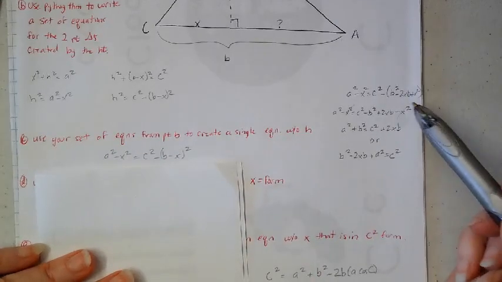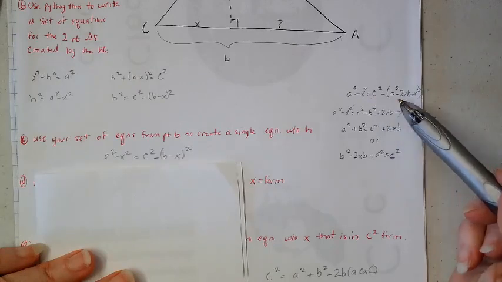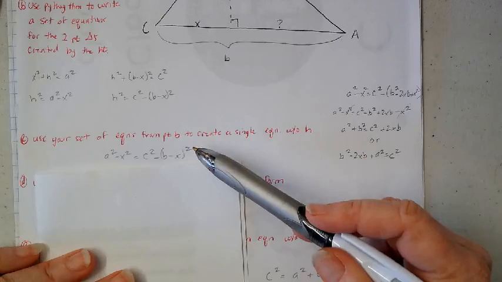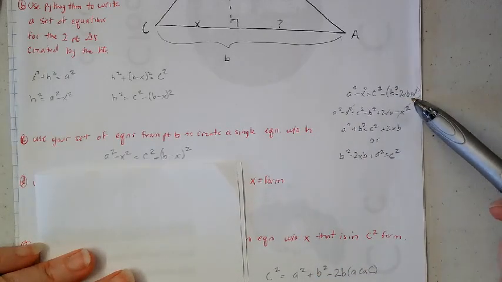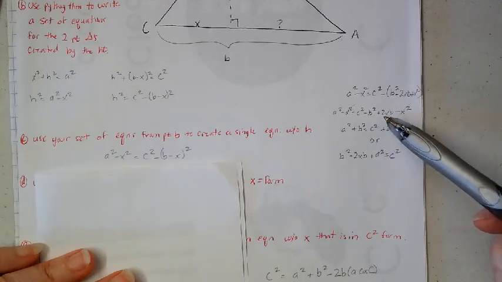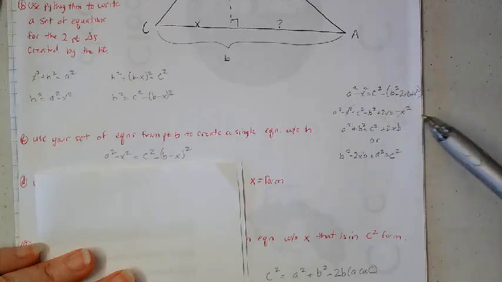And so that's what you see over here. I actually squared this out. So b minus x all squared turns out to be b squared minus 2xb plus x squared, and then I distribute my negative. And then it turns out that some x's will cross out.